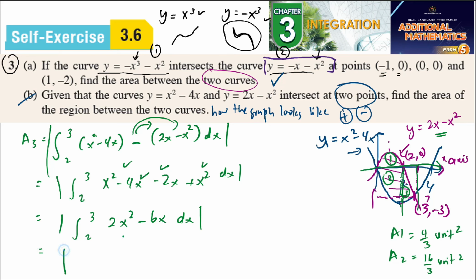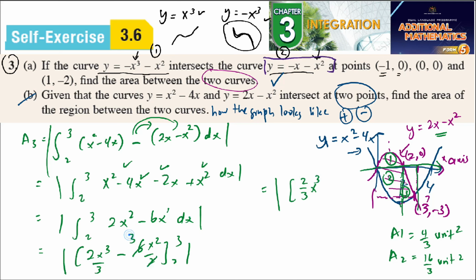Which is equal to, so 2x squared, when we integrate we get 2x cubed over 3, minus 6x, so 6x will become 3x squared, 2 to 3. So we get 2 over 3 x cubed minus 3x squared, 2 to 3.